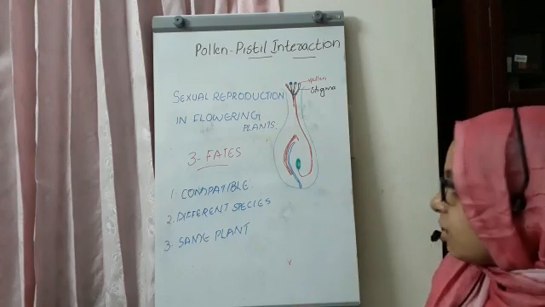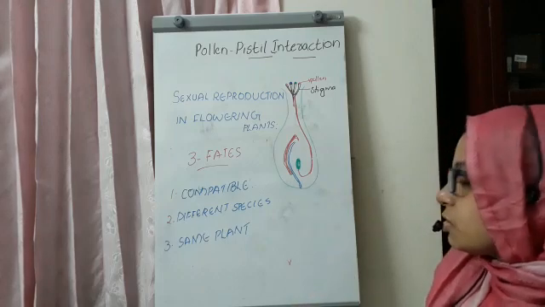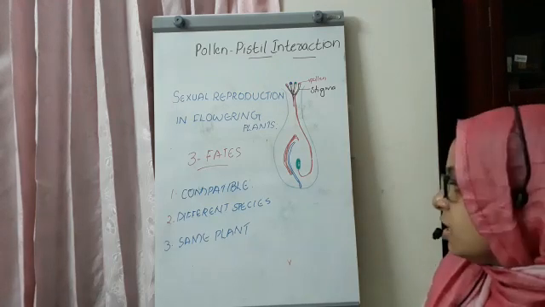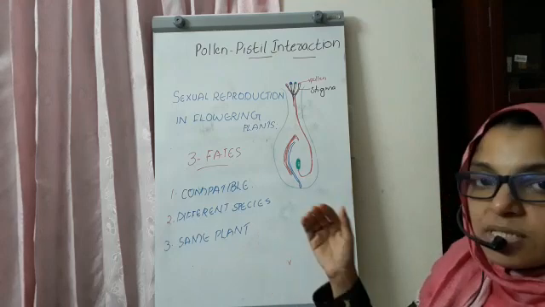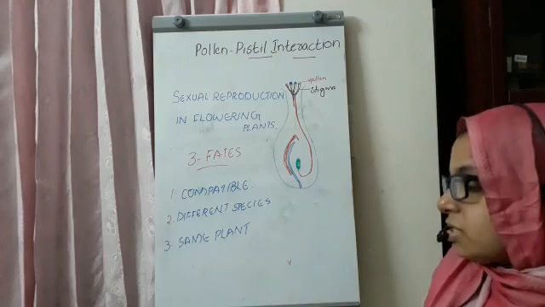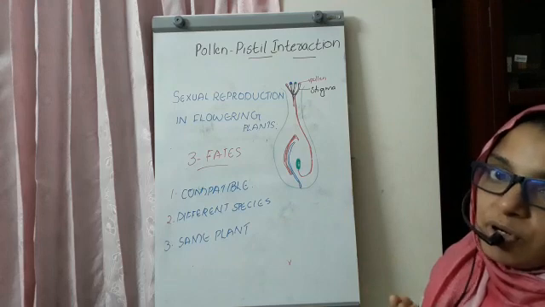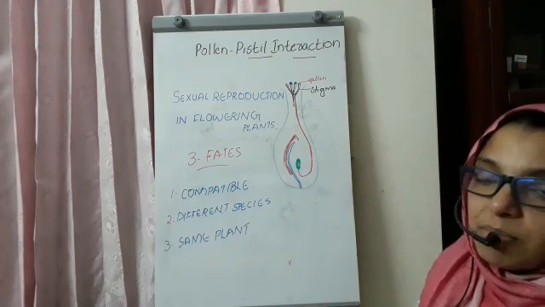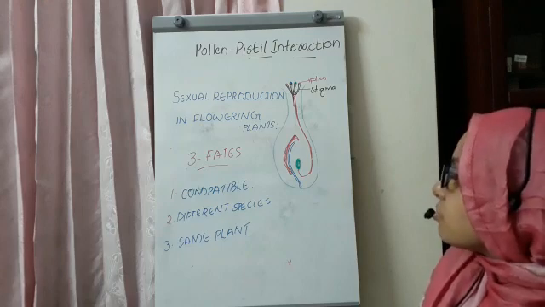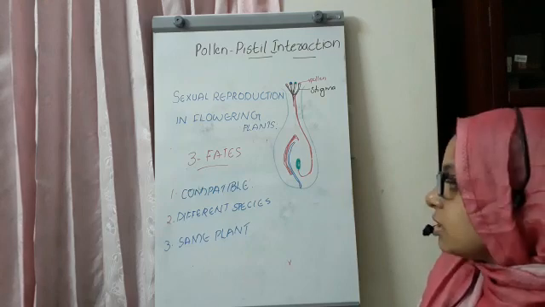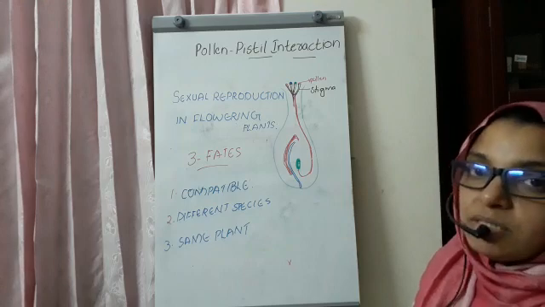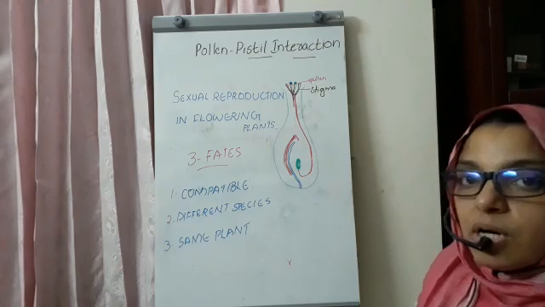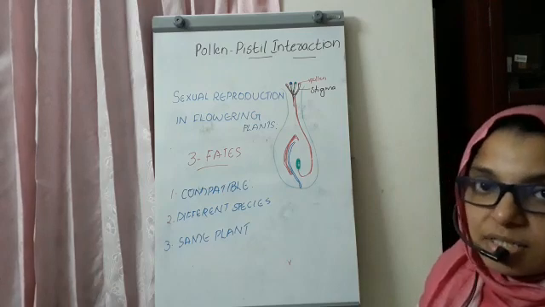Or the pollen can be from a different species, so no compatibility, that is incompatible, no fertilization. And the pollen can be of the same plant, as in hermaphrodites, in which fertilization could occur within the same plant. If the pollen is from the same plant, it is known as incompatible, so no fertilization occurs. So these are all about pollen pistil interaction. Thank you.